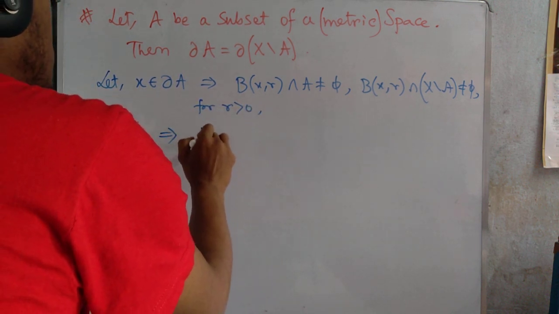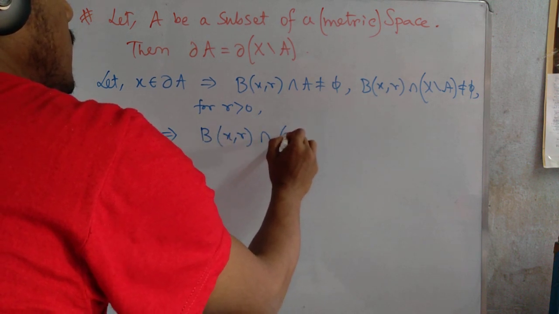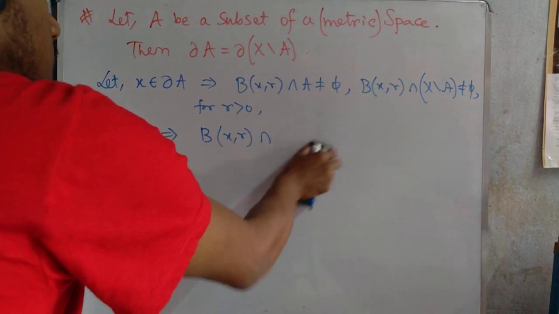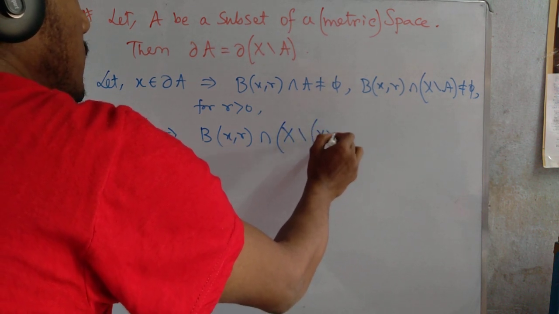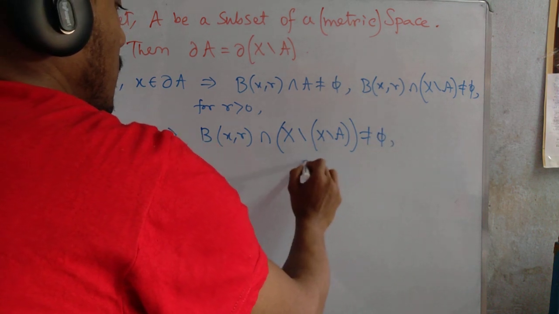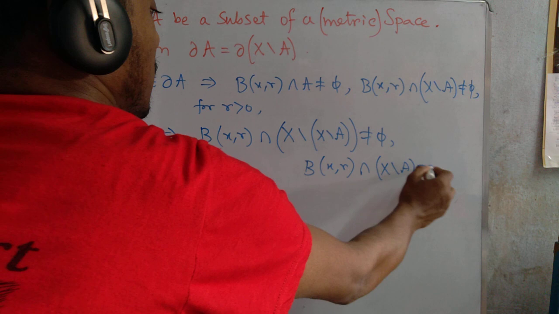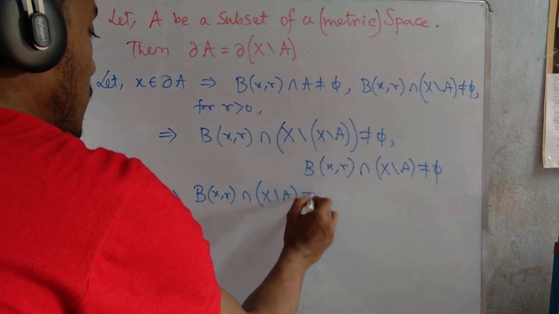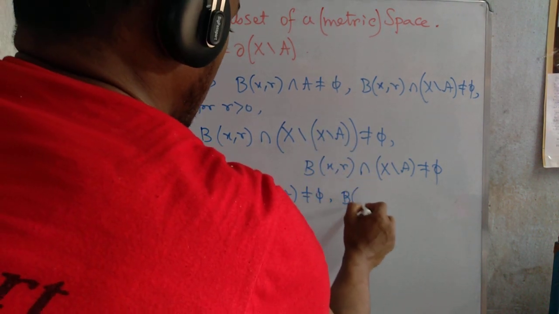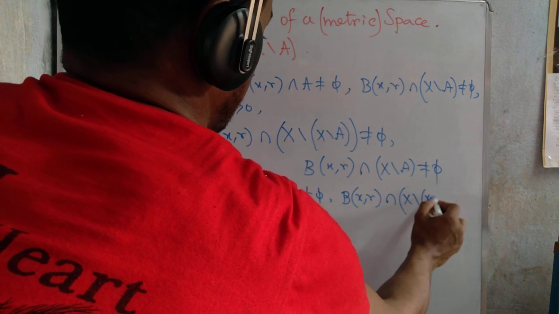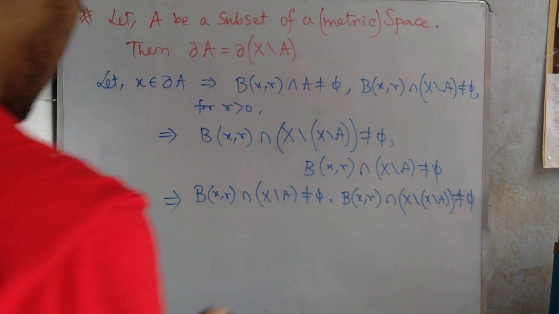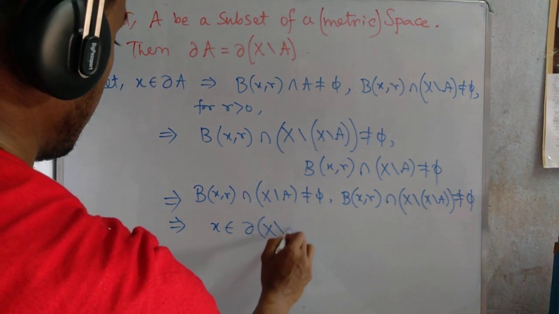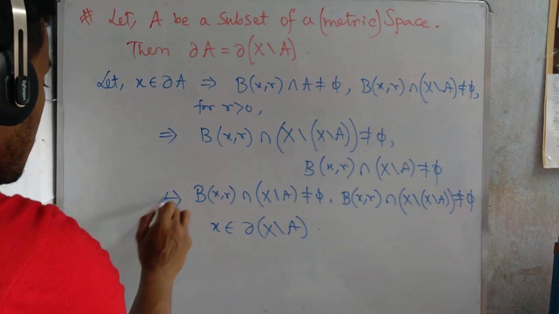This implies that B(x, r) intersection X difference A not equal to phi and B(x, r) intersection A not equal to phi. So this implies x belongs to del of X difference A. Obviously this happens.